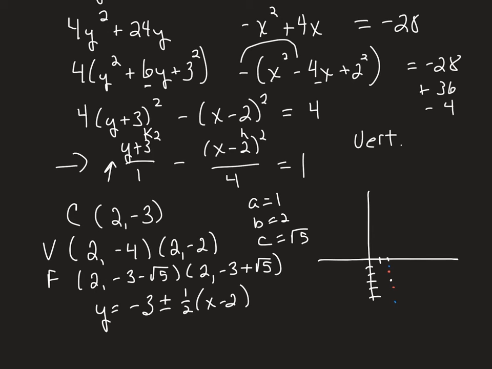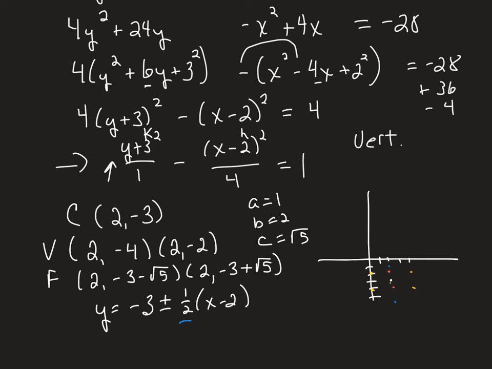Now, the slope is 1/2. So from the center point, I'm going to graph two lines, one with the slope positive 1/2 and one with the slope negative 1/2. Okay, so we go from the center up 1 over 2, down 1 over 2.